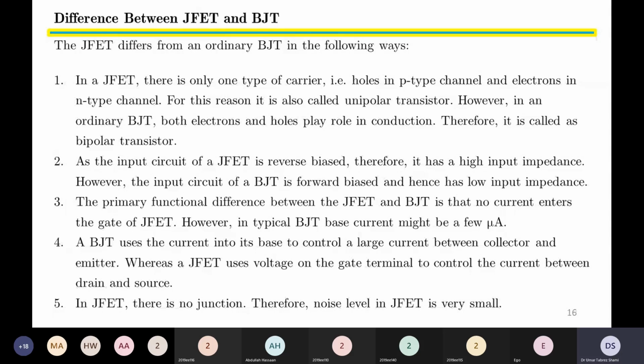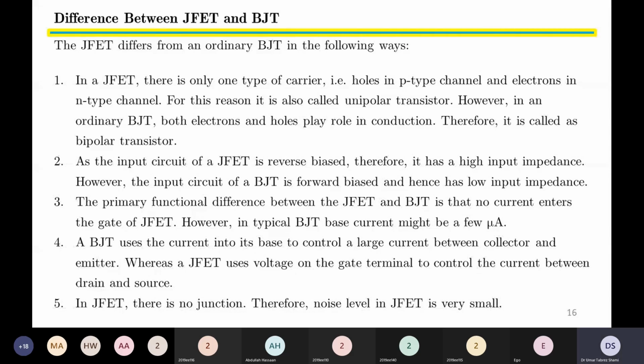A primary functional difference between JFET and BJT is that no current enters the gate of the FET, because the gate is reverse biased and it has a very large input impedance, and thus the current will be very small.